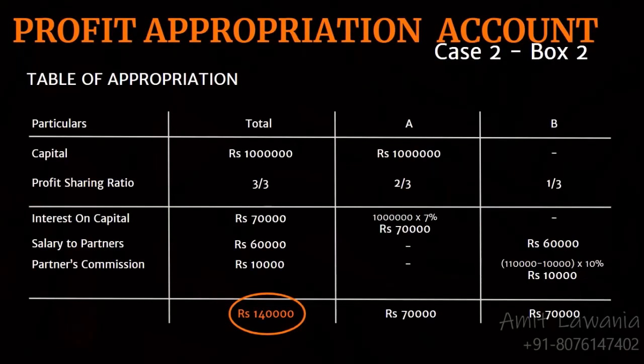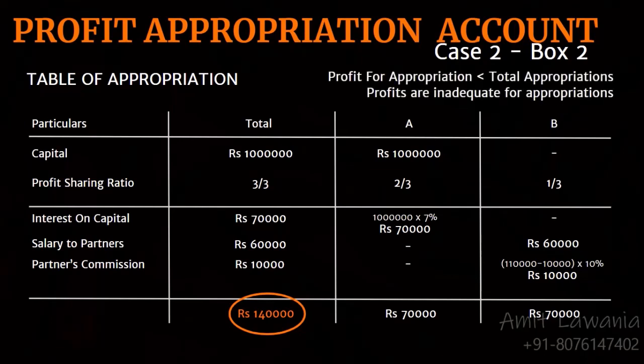Now here is the box we made earlier. Remember, the profits are not enough to meet the appropriations amount this time. So the agreed profit sharing ratio is not applicable.